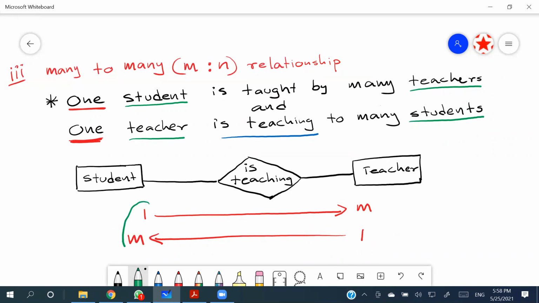So we know what to be done. So here we choose M as the bigger one. So here it is M is the bigger one, but we are not going to put M. Instead of that, we are going to put N, which indicates many to many.